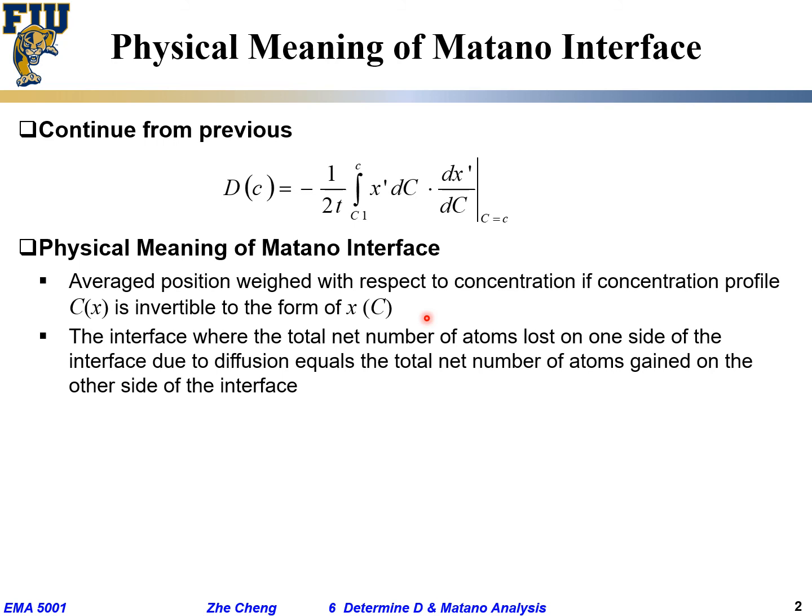That's one way to view it. Or view another way, it's an interface that the total amount of atoms lost on one side would be equal to the total amount of atoms gained on the other side of the interface. I have diffusion, and they may not be completely balanced, but whatever is lost on one side would be gained on the other side.